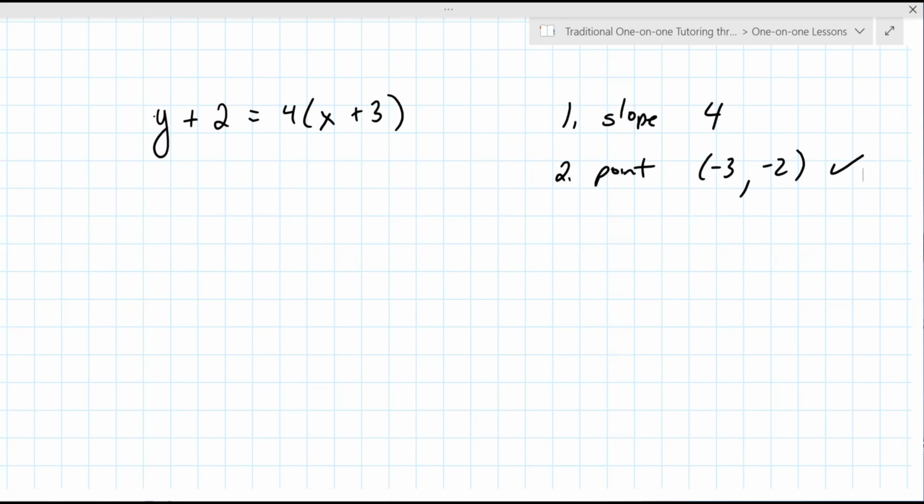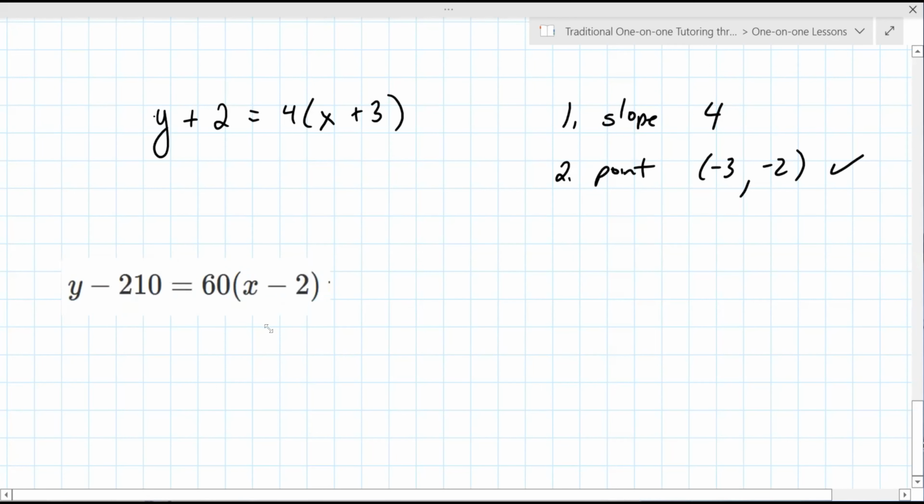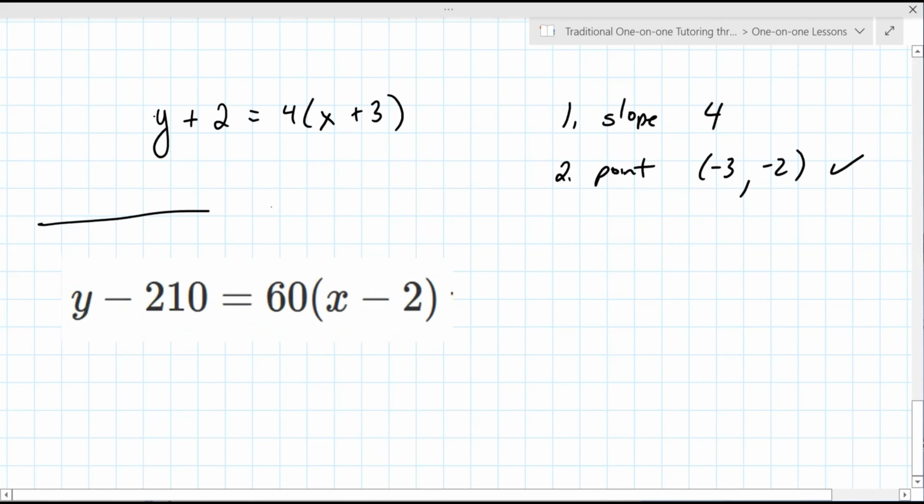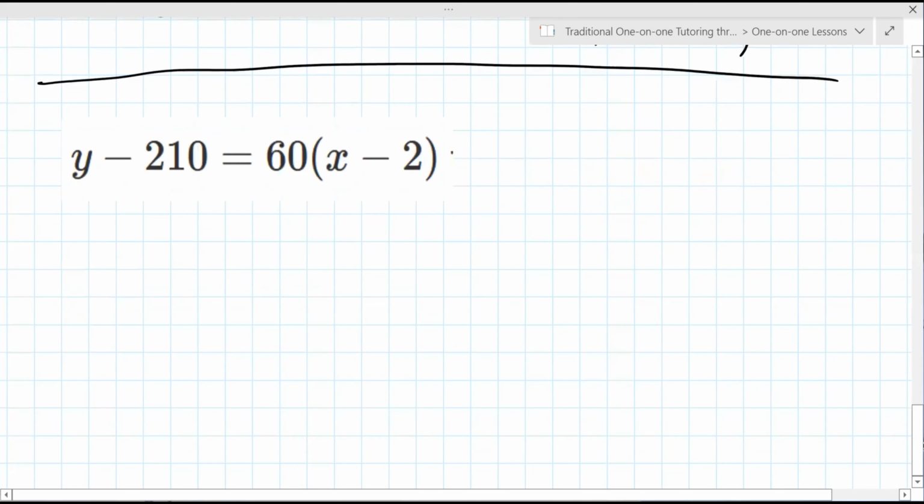Now let's look at a problem that you got earlier today in your practice set here. Actually, they didn't give you this, but let me snip it in. This is part of the answer. Okay, so here, this is part of the answer, but I want you to give me the slope and the point as well from this one, please.